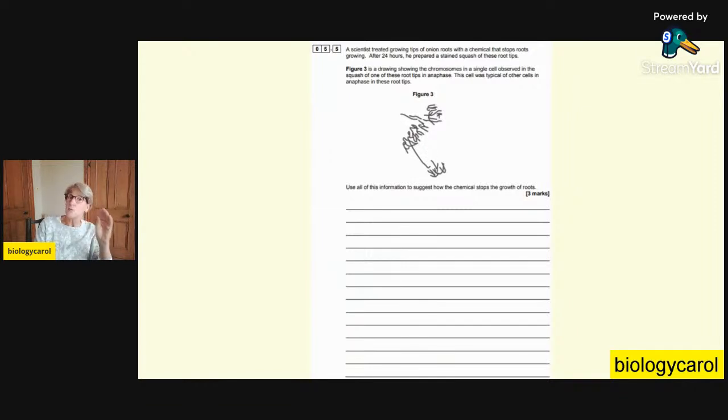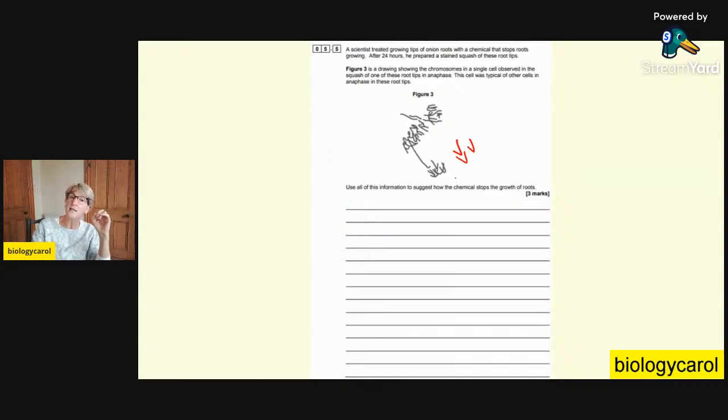But what I think we're looking at is that these are all the chromosomes that are at the center of the cell during metaphase. And some of them, look at these ones, are V shaped.